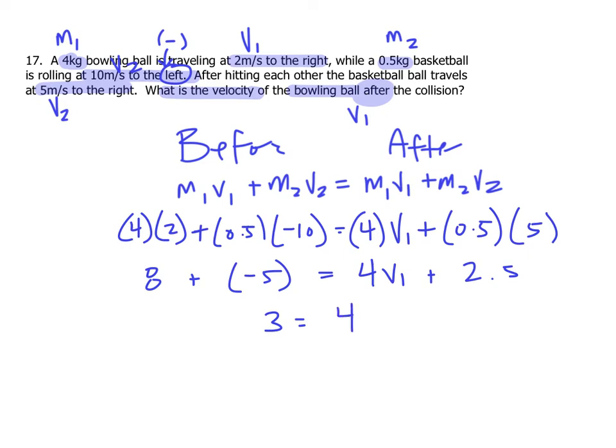I have 4v1 plus 2.5. If I have a plus 2.5 hanging out there and I want to move it to the other side, I do the opposite, and that is minus 2.5 on both sides. So the 2.5s here cancel. I've got 3 minus 2.5, which is simply 0.5.